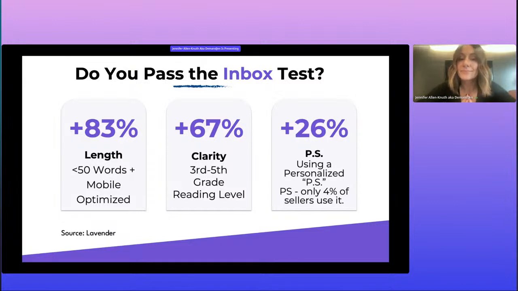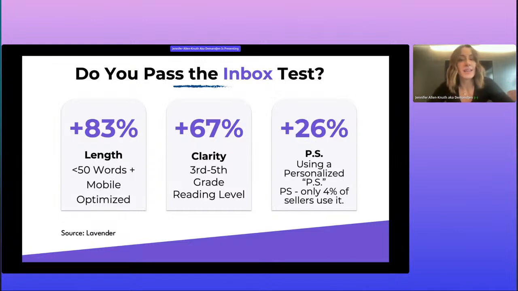Second stat, clarity. This one is so hard. It's another one that I see sellers get tripped up on. I got tripped up when I was a seller. Clarity is simply saying you will increase your reply rate by 67% if you write at a 3rd to 5th grade level. That means get your 9 to 11-year-old cousin or son or whoever to read your email. If they don't understand it, you've got a problem.